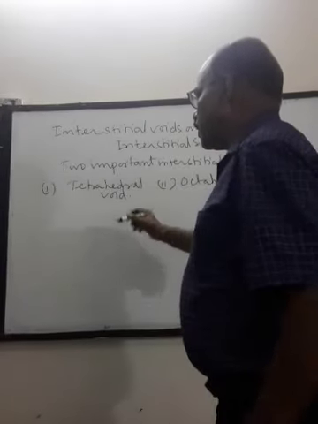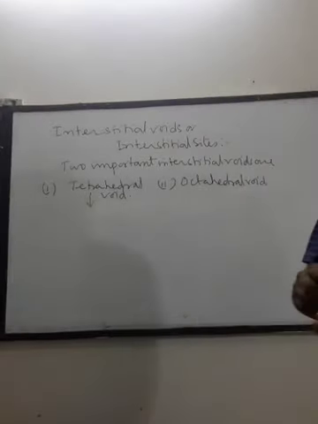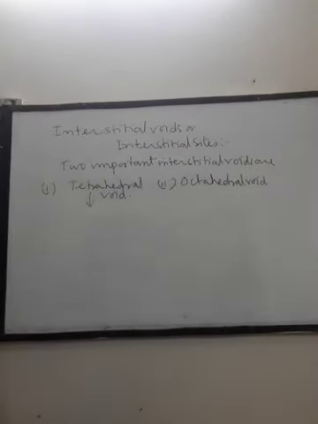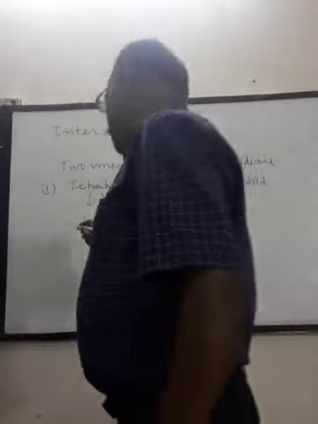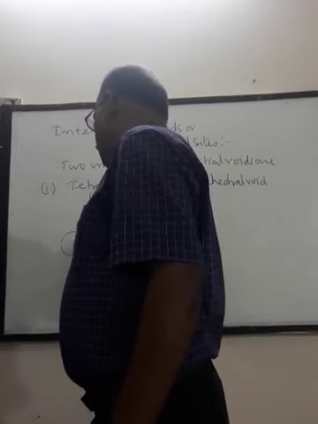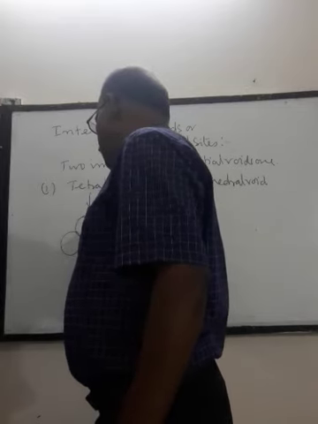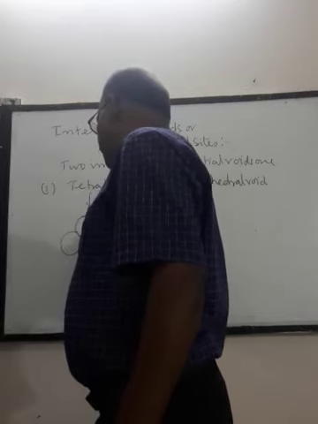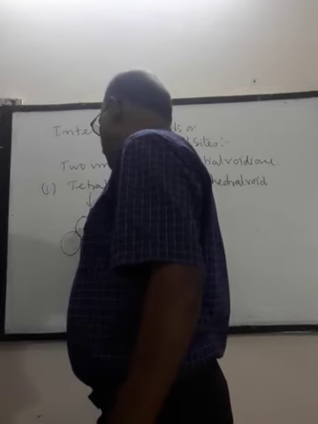So first we consider tetrahedral voids. Tetrahedral voids means voids around 4 spheres. Say this is one sphere, this is another sphere, this is another sphere, and this void is over another sphere.